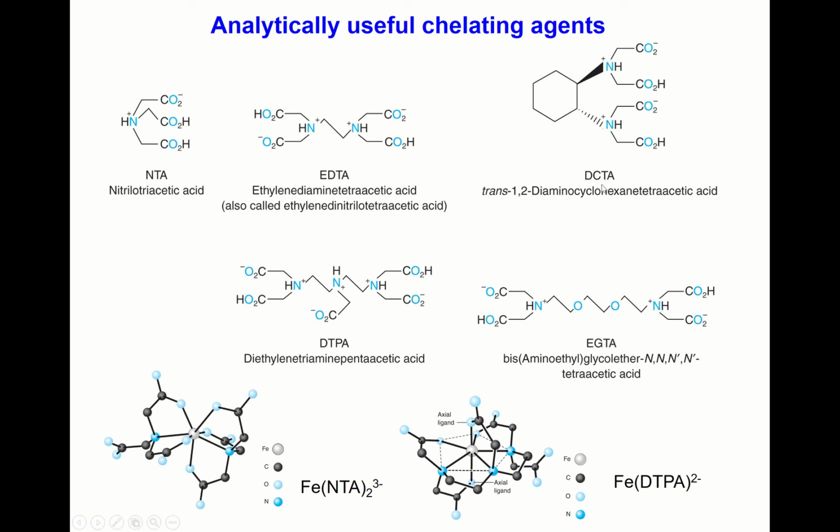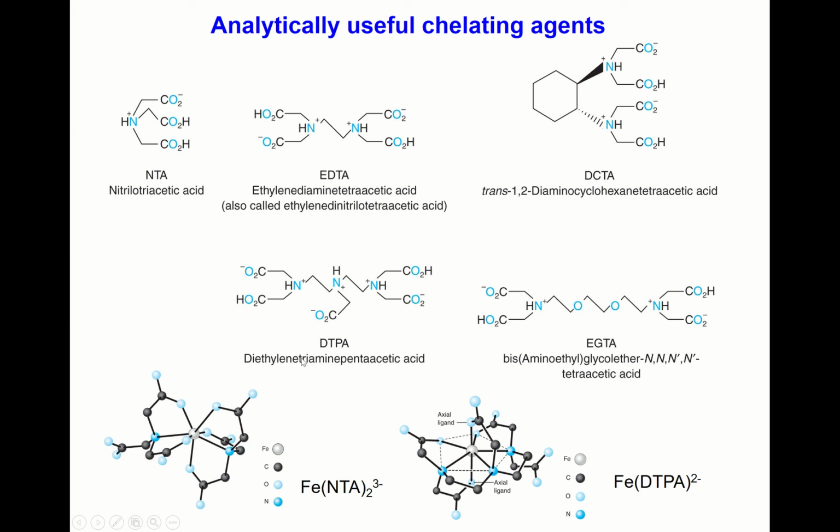Another one is CDTA, trans-1,2-diaminocyclohexanetetraacetic acid. This is also a hexadentate chelating agent, but not often used. And DTPA. This is what? One, two, three, four, five, six, seven, eight, an octadentate chelating agent.